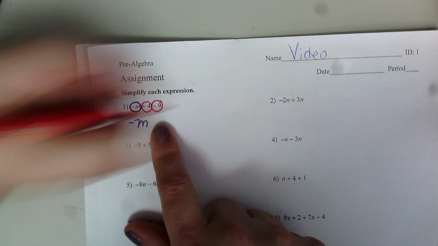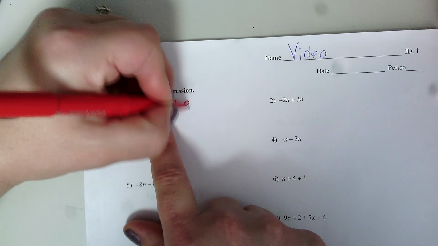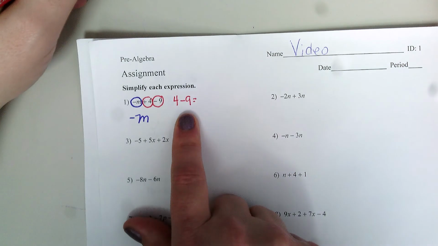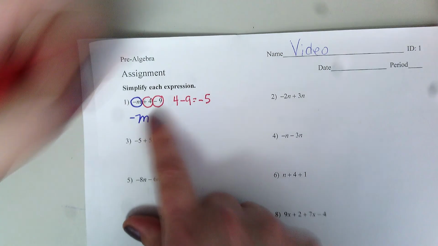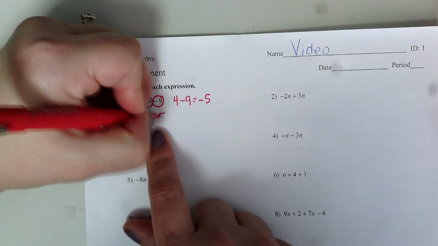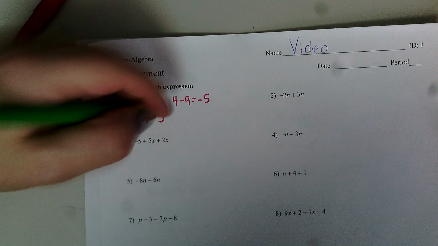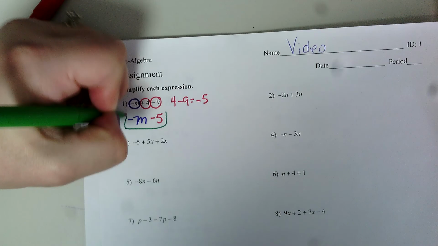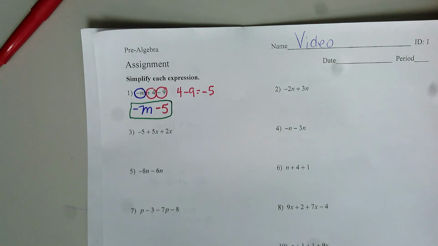But my 4 plus 9, or 4 plus -9, 4 minus 9, right? 4 minus 9 is equal to -5. So I just bring -5 down. And that -M minus 5 is my combined term.